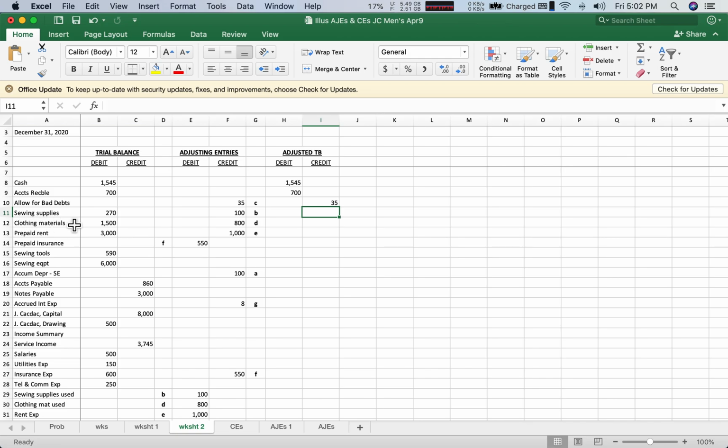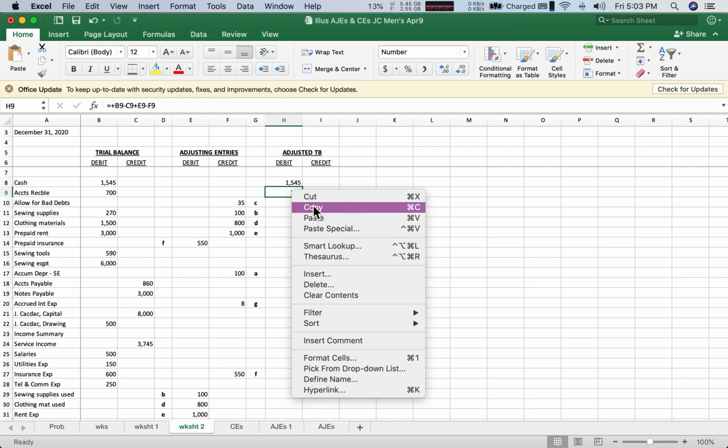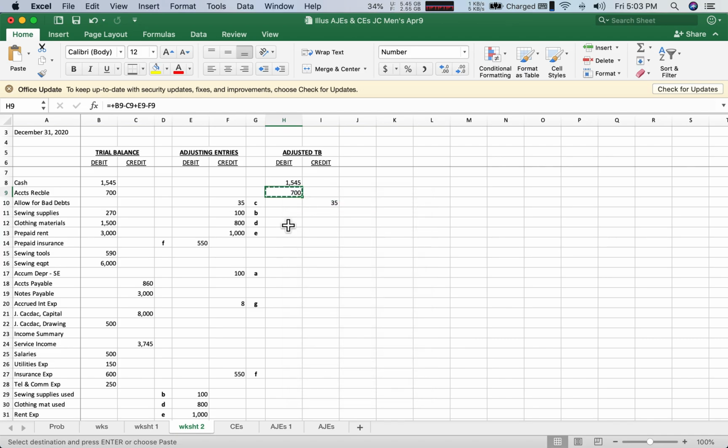But because this is a debit balance here, you can just click on the cell, right click, copy, and then bring down, paste. There.